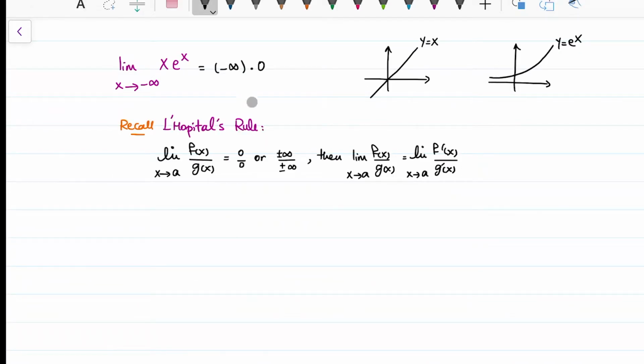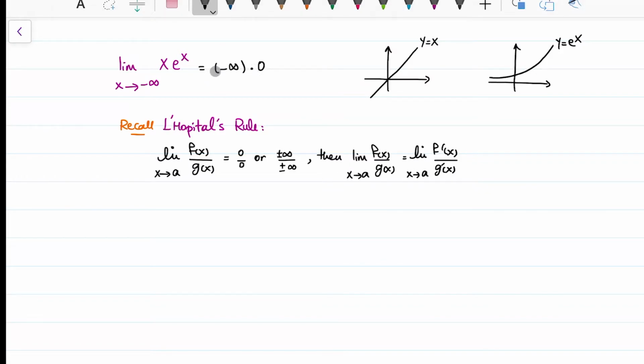It says that when we have a limit of a fraction f of x over g of x as x goes to a, and a here can be a point or any form of infinity, positive or negative, and if we get 0 over 0 or infinity over infinity, plus or minus, then the limit of the fraction is actually the limit of the derivative of the top over the derivative of the bottom. That's L'Hopital's rule.